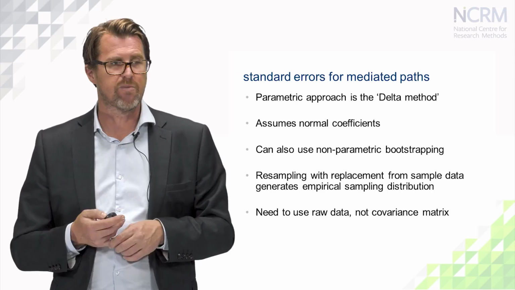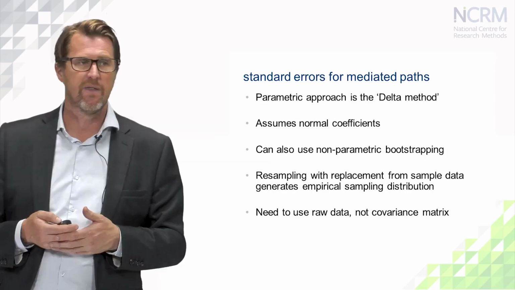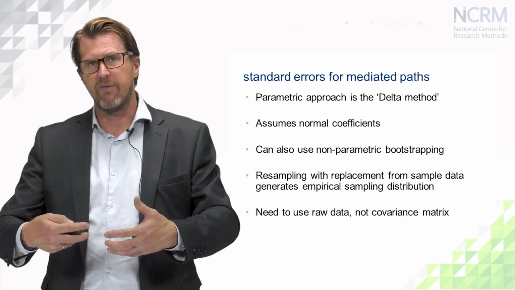If we do that, of course, we need to have the raw data rather than the covariance matrix. So the SEM framework is very convenient for doing this kind of modeling.